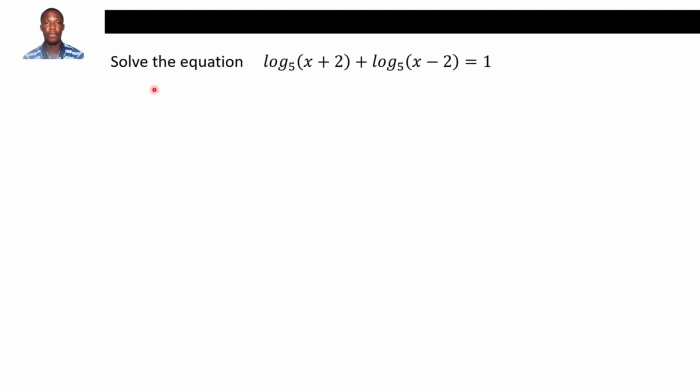Solve the equation log to the base 5 of the expression in brackets x plus 2, added to log to the base 5 of another expression in brackets, x minus 2, and all this is equal to 1. Okay, so we solve.